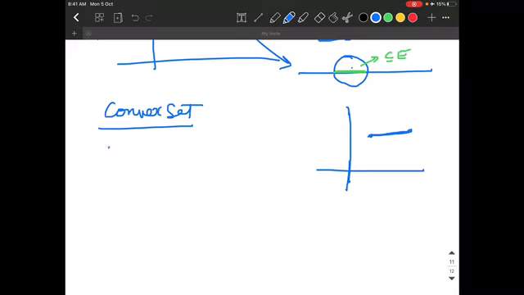If there is a set C that contains only x and y, it is not convex.